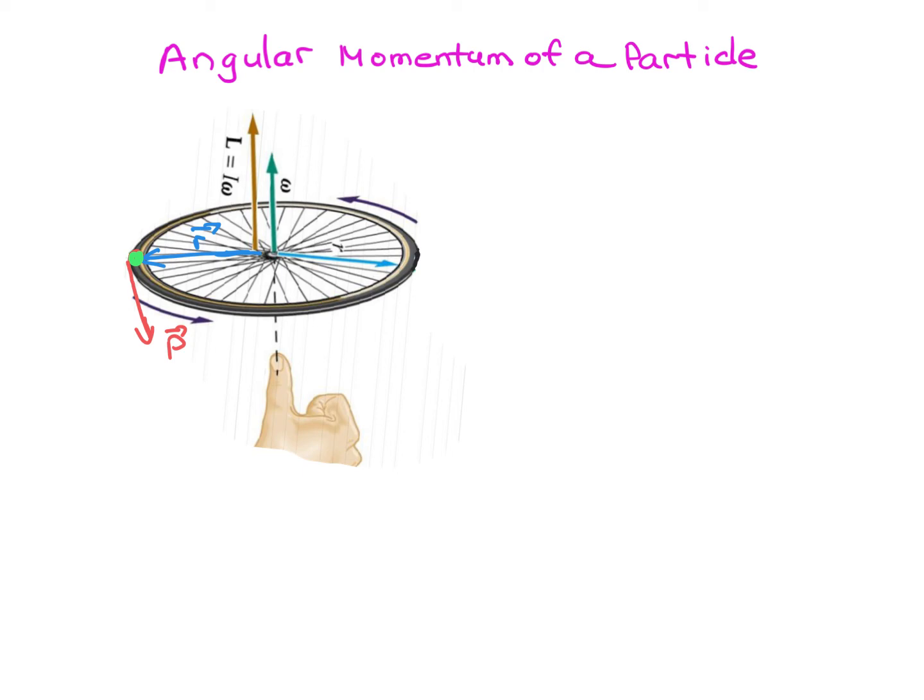Now I'm going to define the angular momentum of that particle in the following way. I'm going to introduce a new mathematical concept called the cross product. It's a way of multiplying two vectors. And we're going to define the angular momentum of this particular green dot as the cross product of the vector r and the vector p.